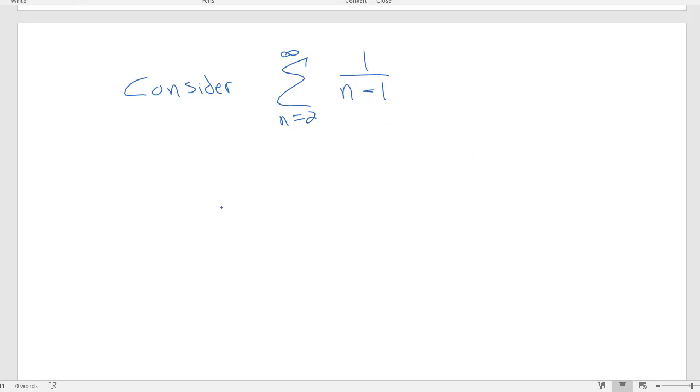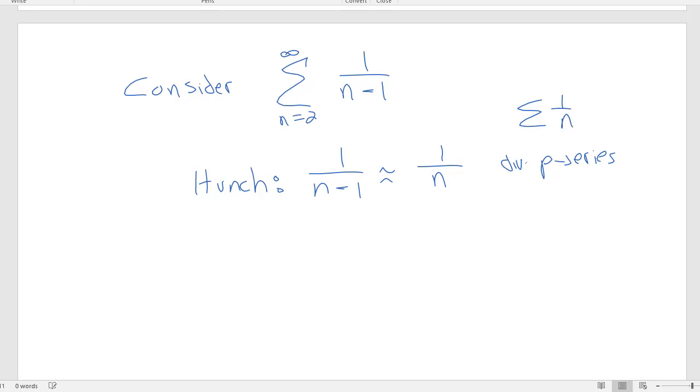Now we could pretty easily show that my hunch, right, the hunch that I'm going to get here is that long term, as n goes to infinity, the numerator acts like 1, the denominator acts like n, and we know this is a divergent p-series, or at least the sum of 1 over n is a divergent p-series.